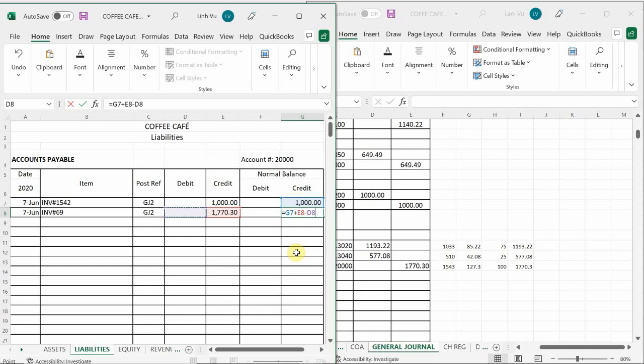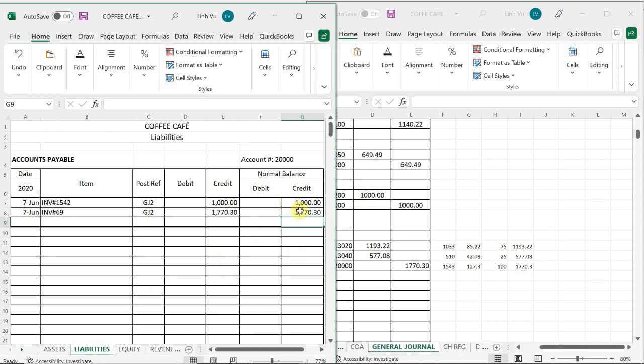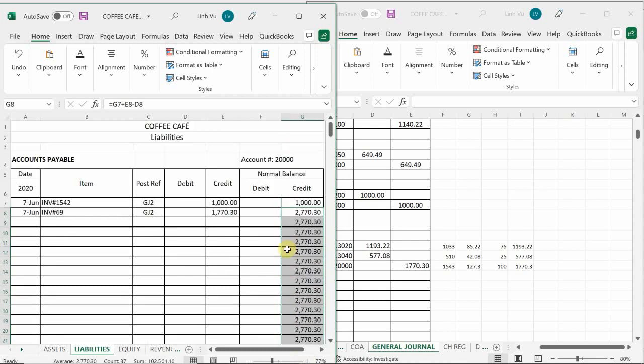That's going to give you a grand total of $2,770.30. So every time I add a debit, it's going to decrease my liabilities, and every time I add a credit, it's going to add to my account balance. Once you put the formula in here, you can drag it all the way down to the bottom of the table to get your running balance.